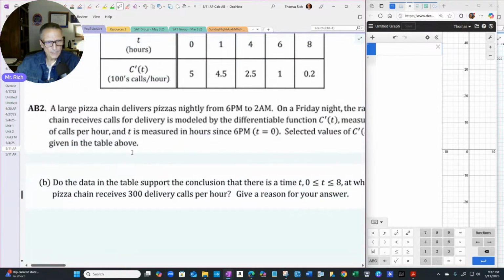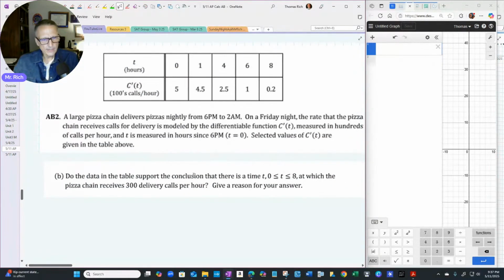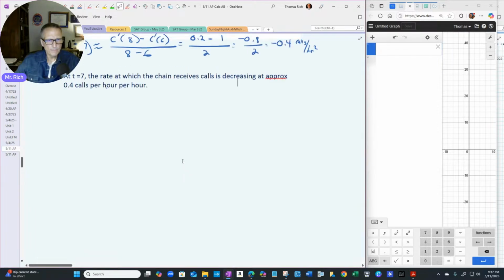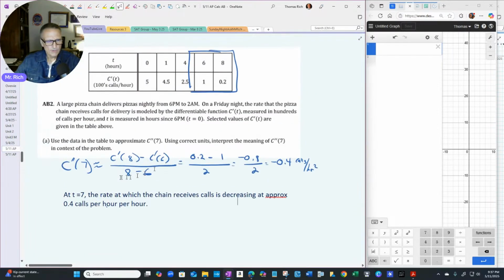Part B. Do the data in the table support the conclusion that there is a time t between 0 and 8 at which the pizza chain receives 300 delivery calls per hour? And by the way, up here, this is not totally right, because we want to put this as hundreds of calls.